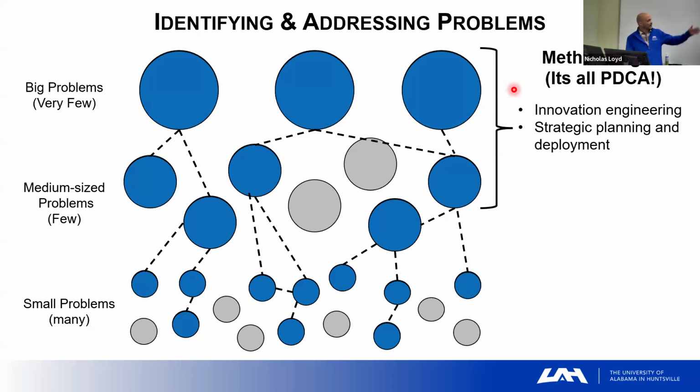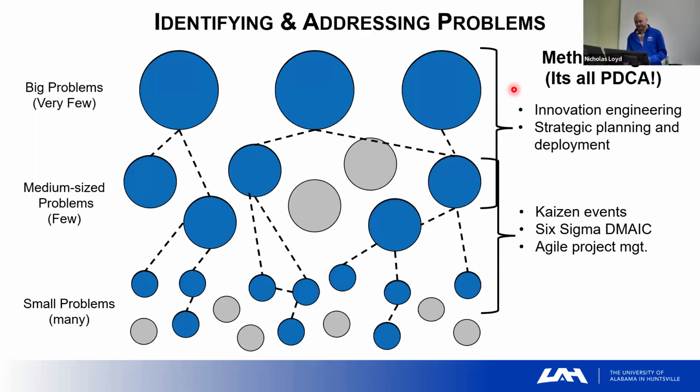So we've talked about all semester innovation engineering, the strategic planning process. That's high level use of plan, do, check, act. At the mid level, there may be group type improvements. Like a weekly, monthly level, Kaizen events. I did a lot of those over my career. It would be a week. I would go and I'd work with 6 to 8 people.